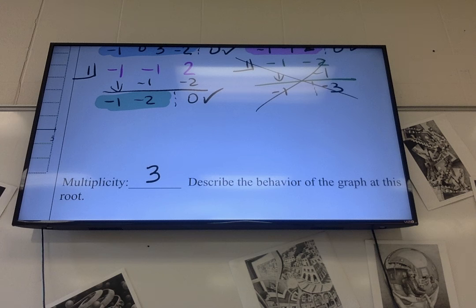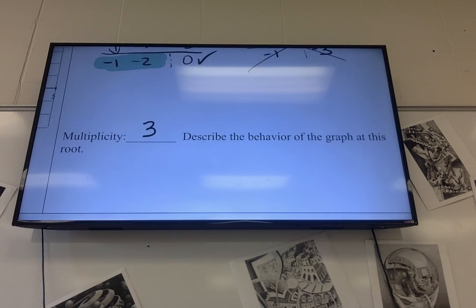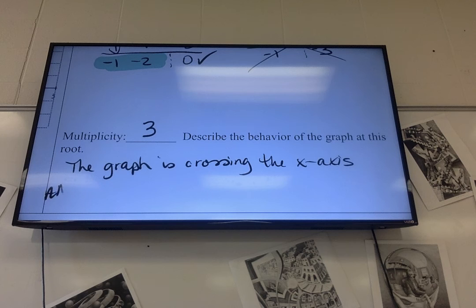So it has a multiplicity of 3. And to describe the behavior, we would say that the graph is crossing the x-axis and changes concavity.